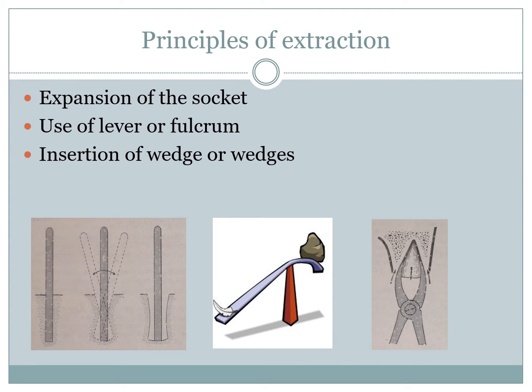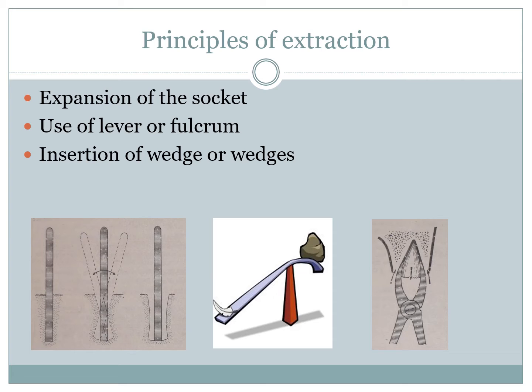So what are the principles of extraction? There are principles like the expansion of the socket. We can see the first diagram. We want to create a space between the bone and the tooth, so that the tooth can come out of the socket. So we create a space during extraction using force, buccal, lingual, palatal movements like that. Then only the tooth will come out. Second, the use of a lever or fulcrum.